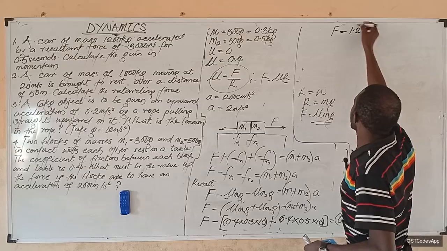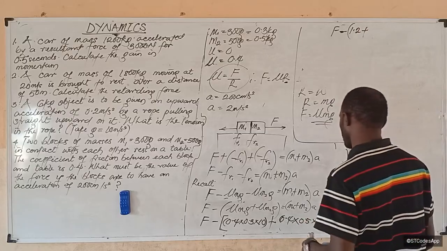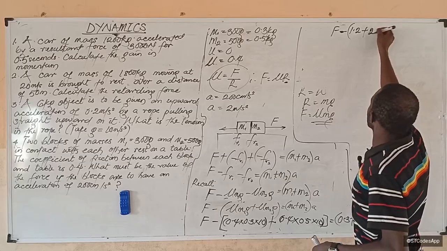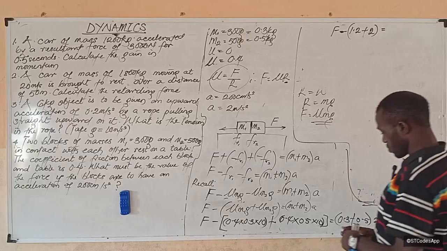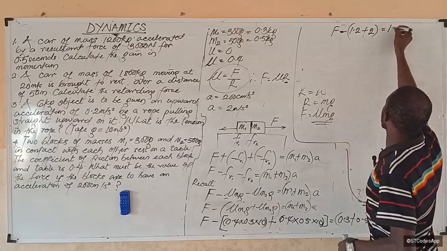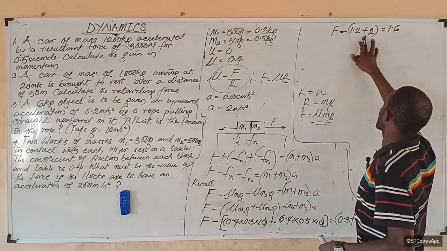Minus 1.2 plus 0.4 times 0.5, which is 2, that will be 0.8. So the total is 0.8 times 2, 1.6. From here, this times this gives us 2.4.